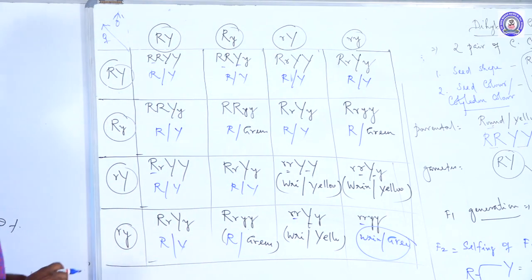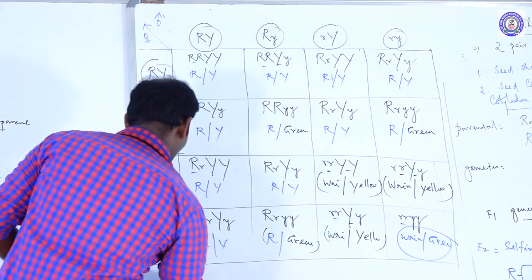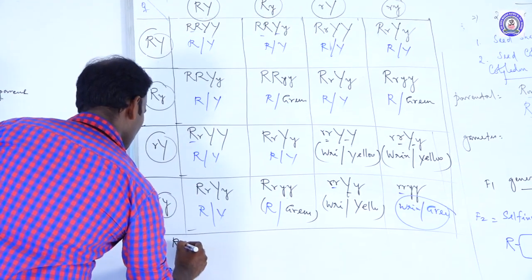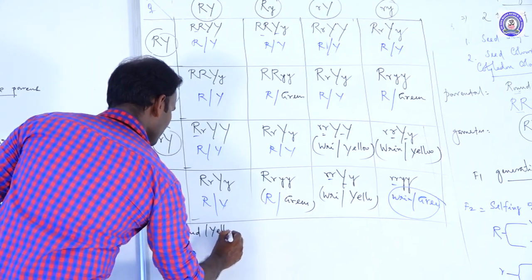So among the 16 zygotes, how many round and yellow is formed?